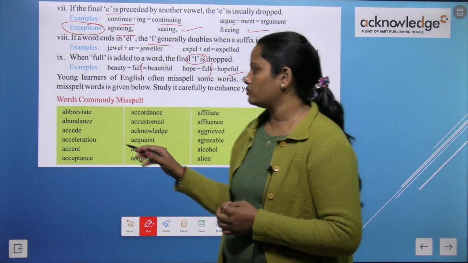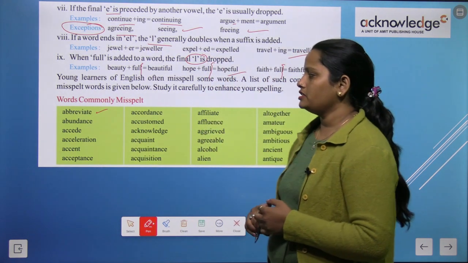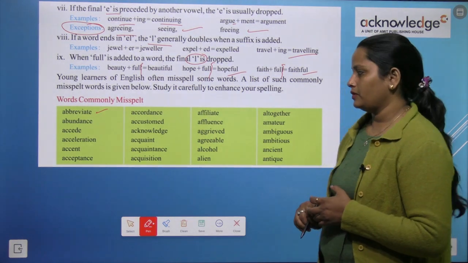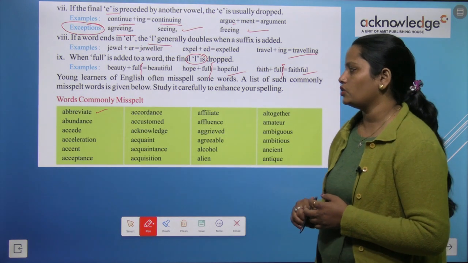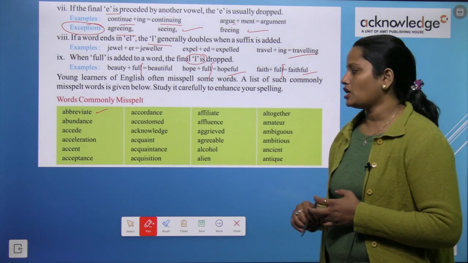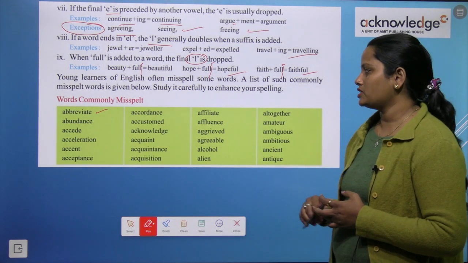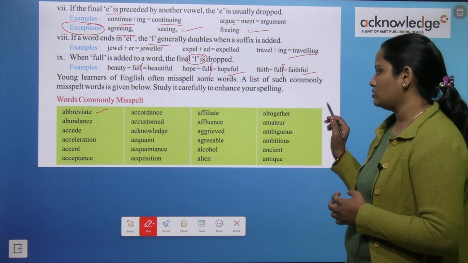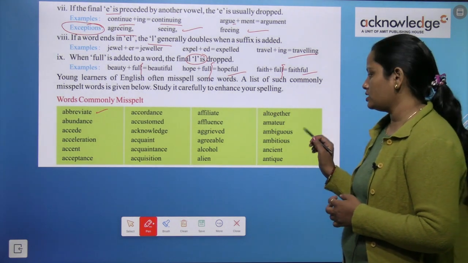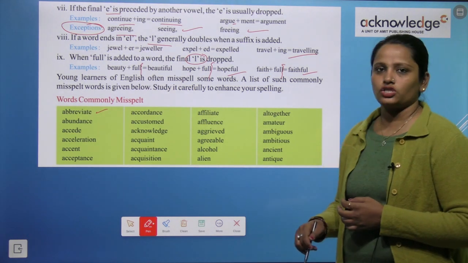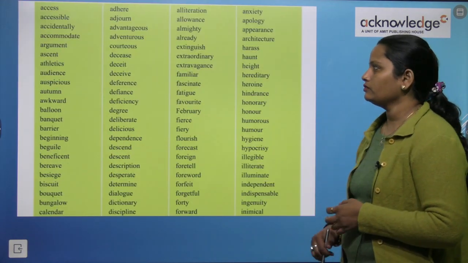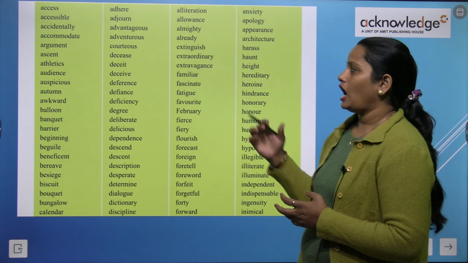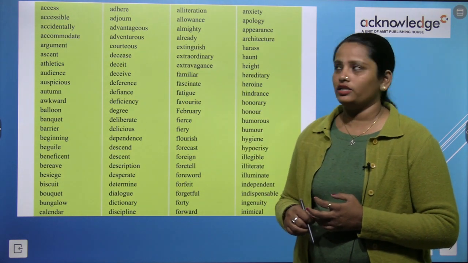So here are some misspelled words: abbreviate, abundance, accident, acceleration, ascent, acceptance, accordance, acute, accustomed, acknowledged, acquaint, acquaintance, acquisition, affiliate, affluence, agreed, agreeable, alcohol, alien, although, amateur, ambiguous, ambitious, ancient, antique, access, accessible, accidentally, accommodate, argument, accent, athlete, audience.